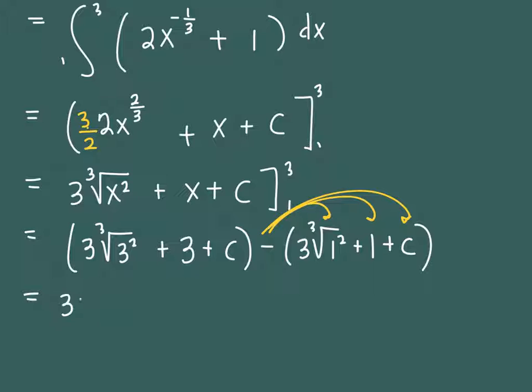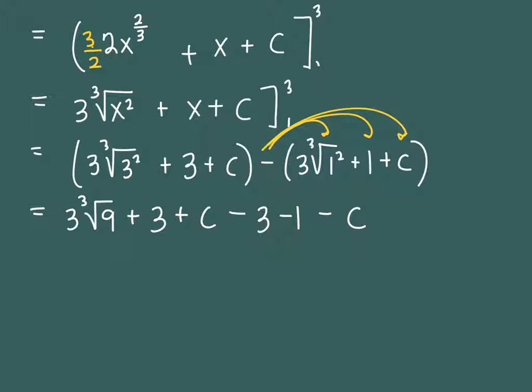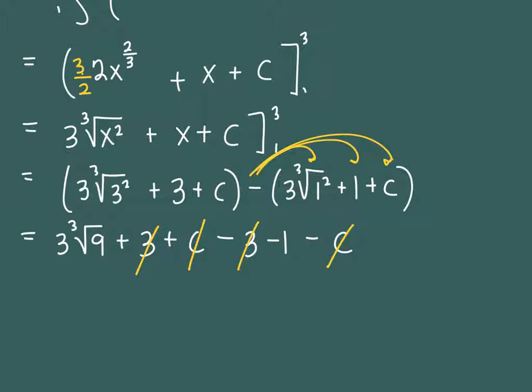So we end up with 3 times the cube root of 9 plus 3 plus c minus 3 times the cube root of 1, which is 1, minus 1 minus c. So not only do the c's cancel out this time, but also the 3's do. So I'm left with 3 times the cube root of 9 minus 1, which is the value of the exact area between this function and the x-axis.